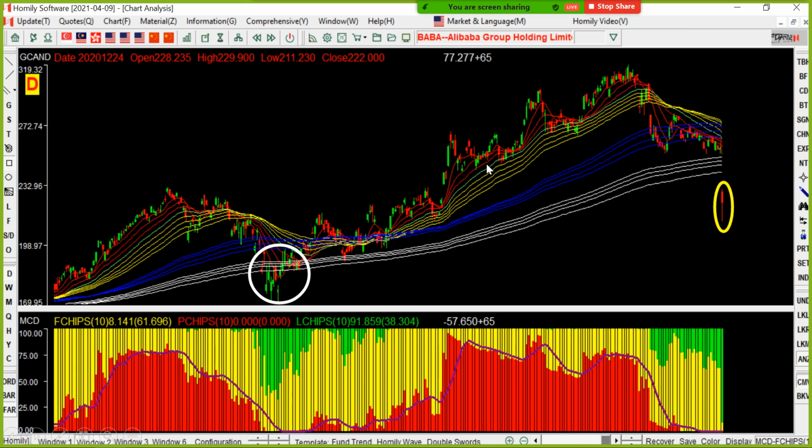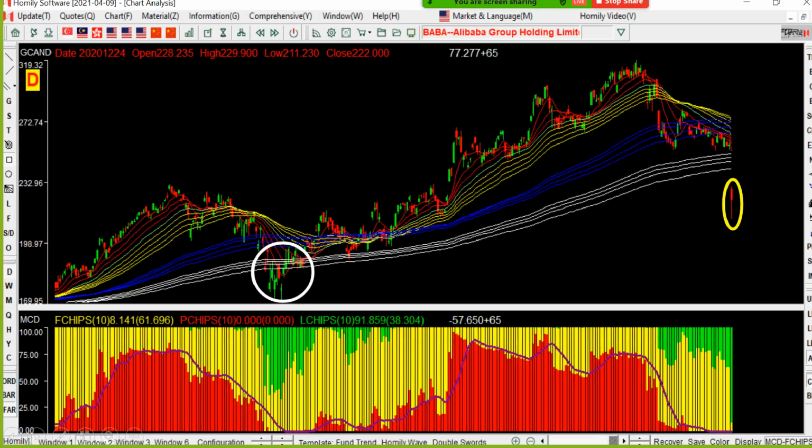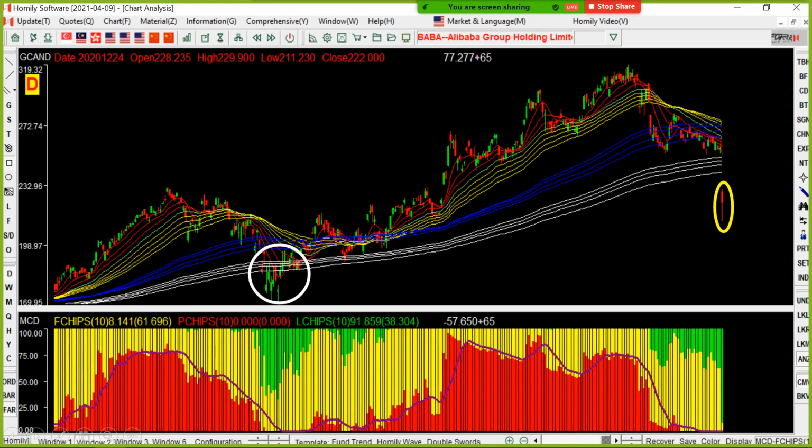You can compare the last time with this time. Alibaba, this is the USA share, right? It dropped so much, all the way down. Last time we found the candlestick below the wet rainbow. As we know, the wet rainbow represents the long-term trend or long-term support.